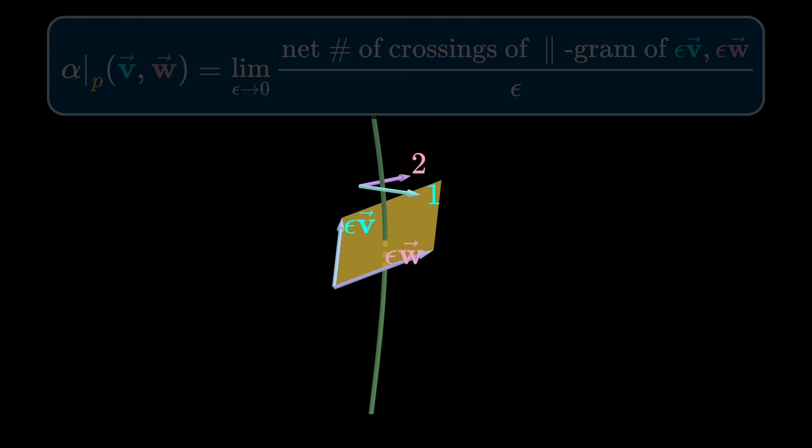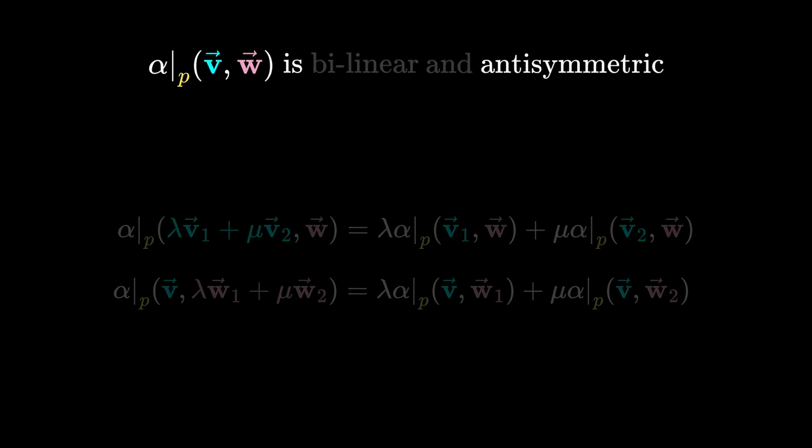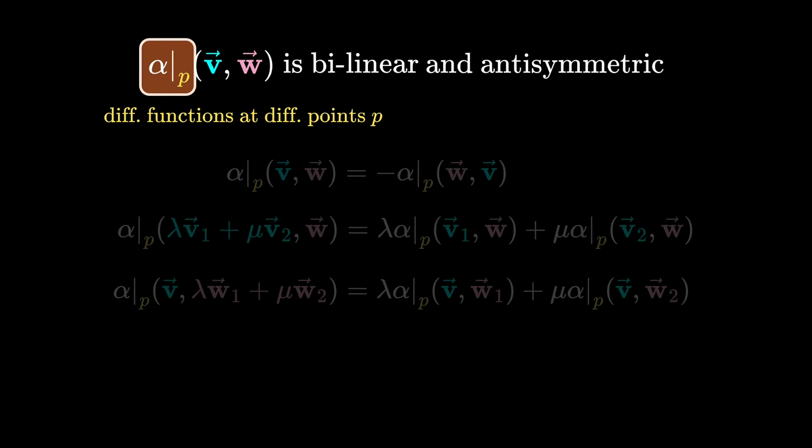But if I flip v and w around, then they are in opposite orientations as that line, so it is counted negatively. So this function has an extra property of being anti-symmetric. Swapping the two vectors in the argument picks up a minus sign. So a differential form for a surface integral is a collection of different bilinear anti-symmetric functions at different points.